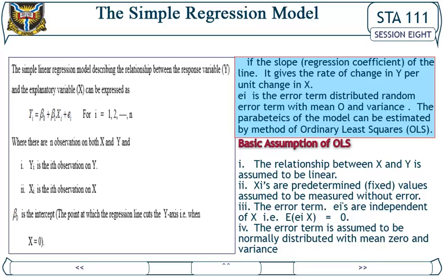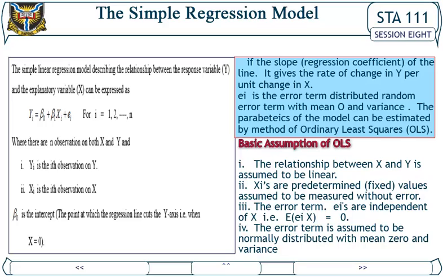Beta 0 is the intercept, the point at which the regression line crosses the y-axis, that is, when x is equal to 0. Beta 1 is the slope or regression coefficient of the line. It gives the rate of change in y per unit change in x. ei is the error term, a random error term with mean zero and variance sigma squared. The parameters of the model can be estimated by the method of ordinary least squares (OLS).